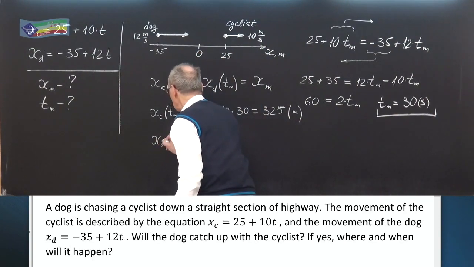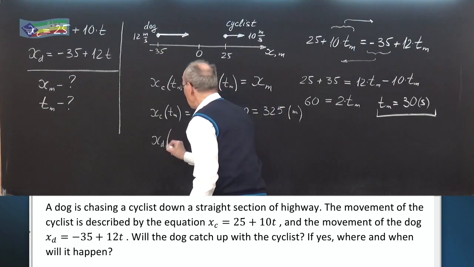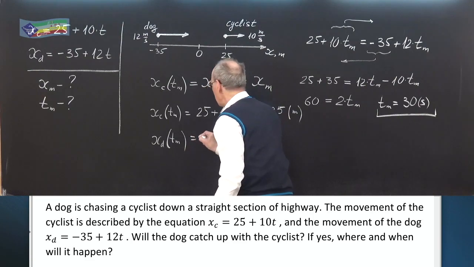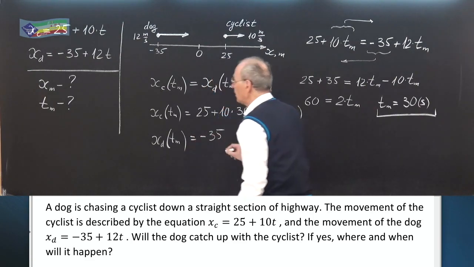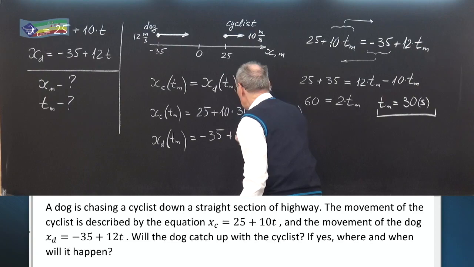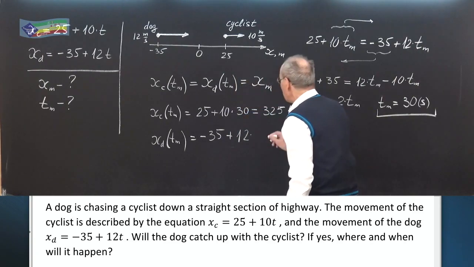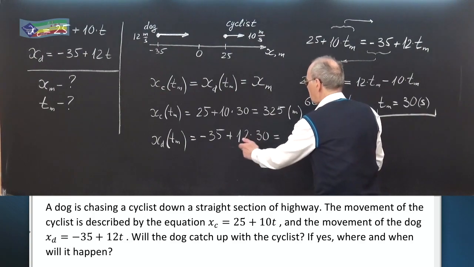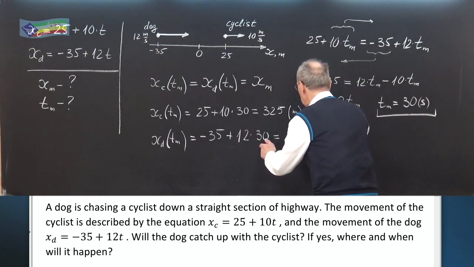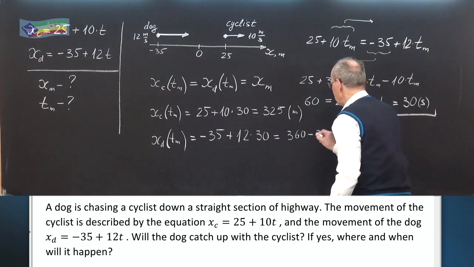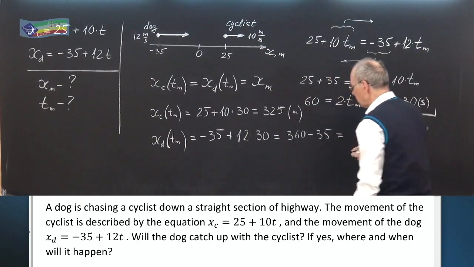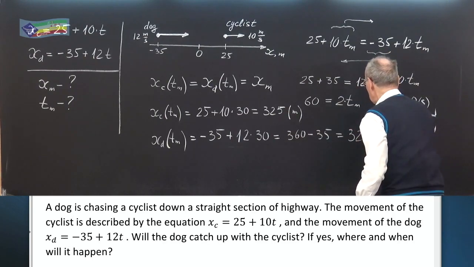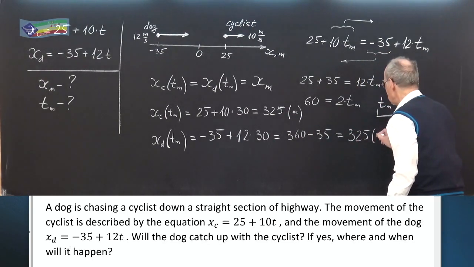X dog at the meeting moment equals minus 35 plus 12 times 30, which gives 360 minus 35, the same 325 meters.